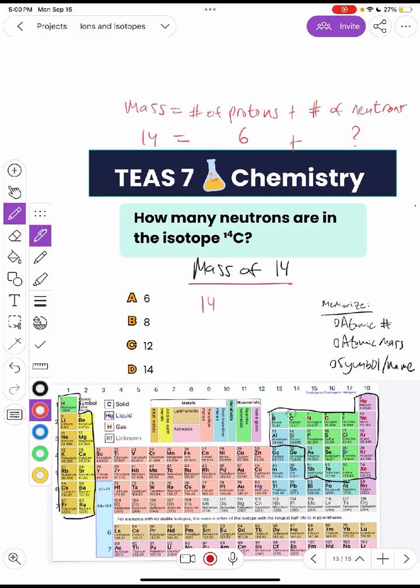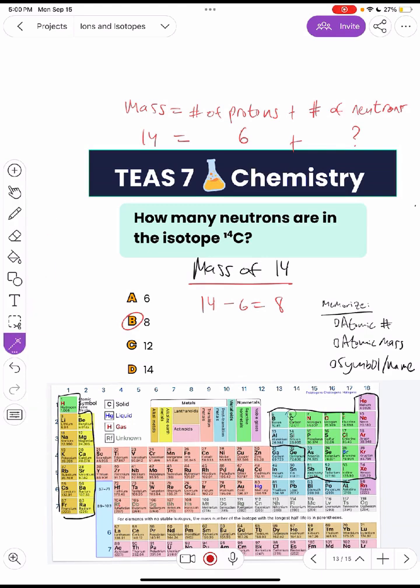That's like saying I could just do 14 minus 6 to solve for that. Okay? So it's 8. You could memorize the different ways to find the different things, or just remember, if I know 2 out of the 3, I can always find the missing piece. Okay?